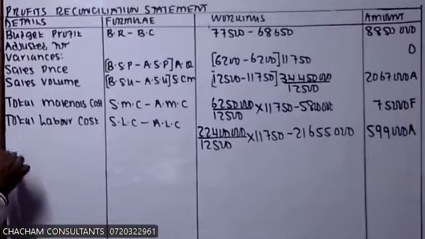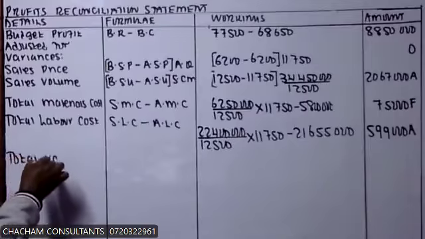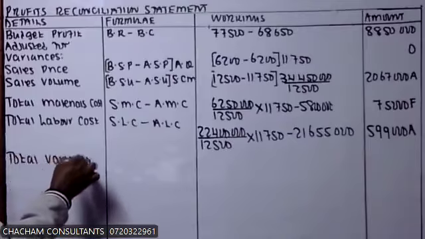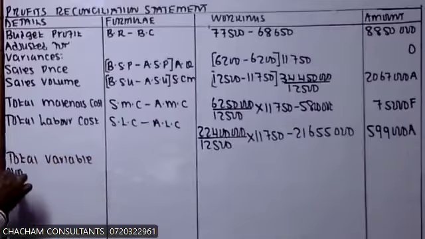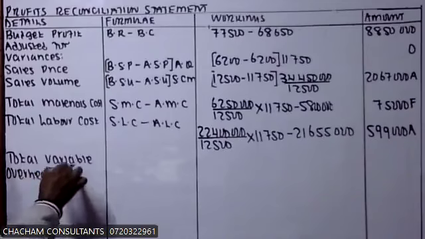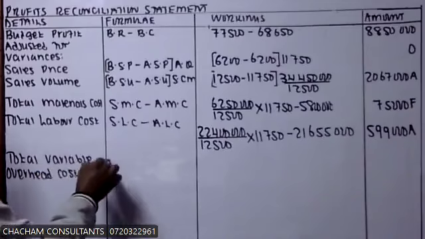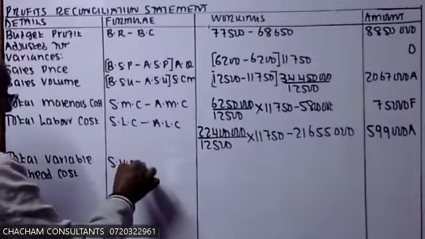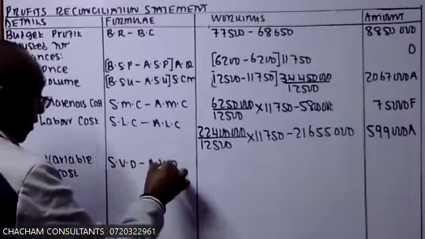Then we come to total variable overhead cost. This one again is given as standard variable overheads minus actual variable overheads.